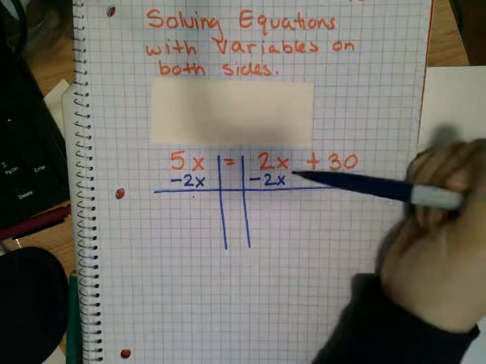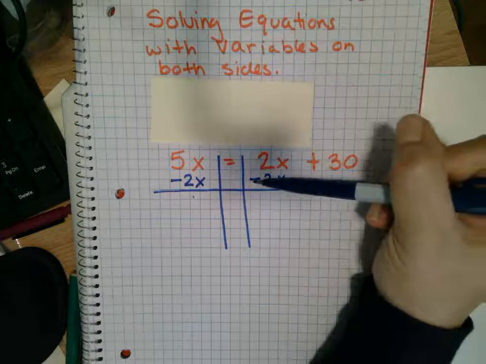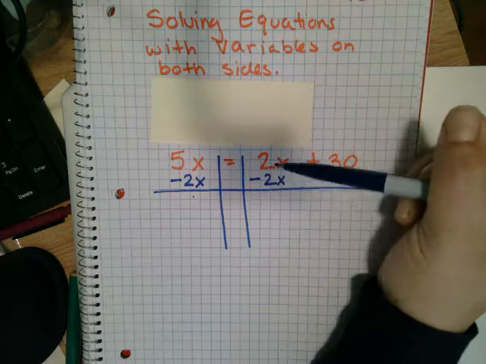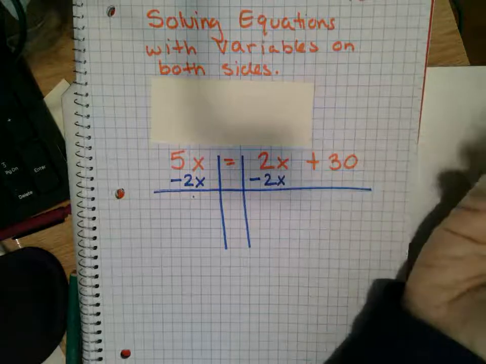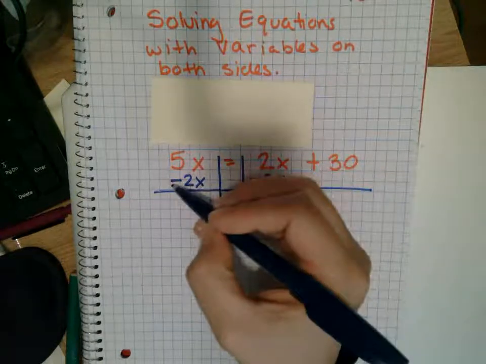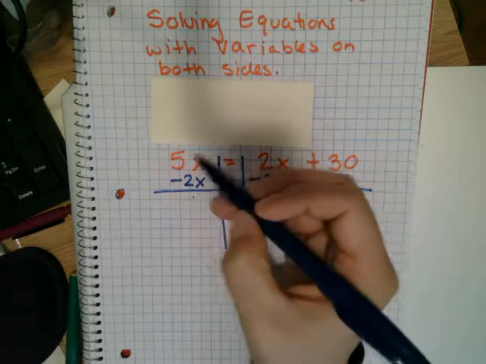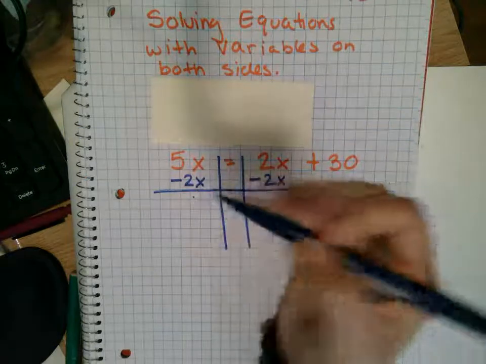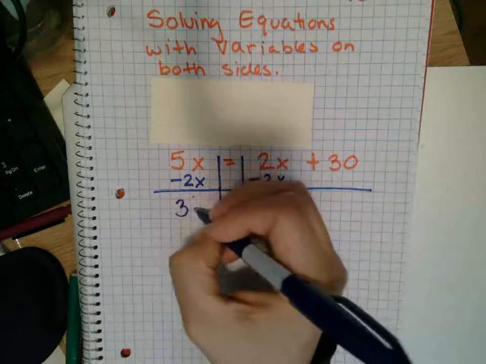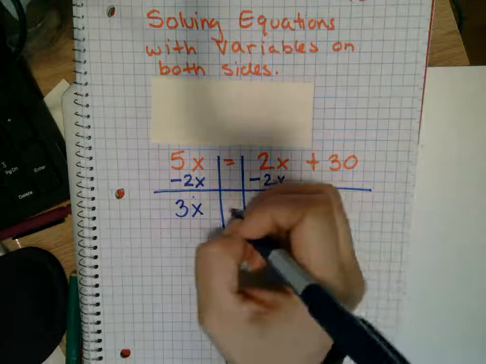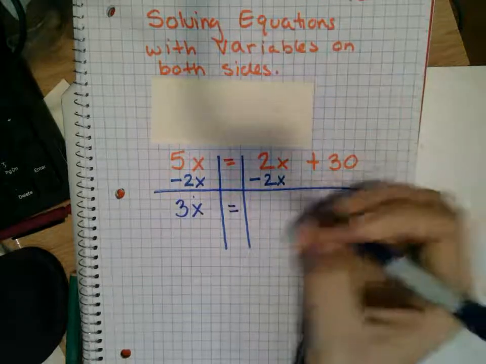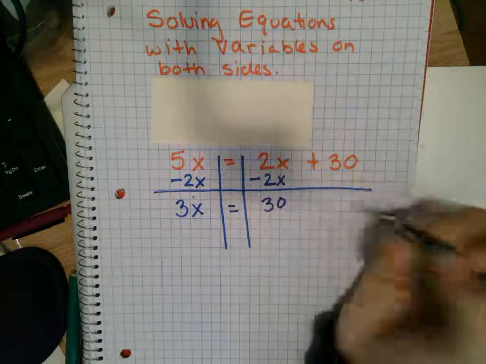Okay, so here, because it was 2x, if I do minus 2x, 2x minus 2x is 0. Fantastic. On this side, I have 5x minus 2x. What is 5x minus 2x? That gives you 3x. 3x equals, and on this side, we're just left with 30.